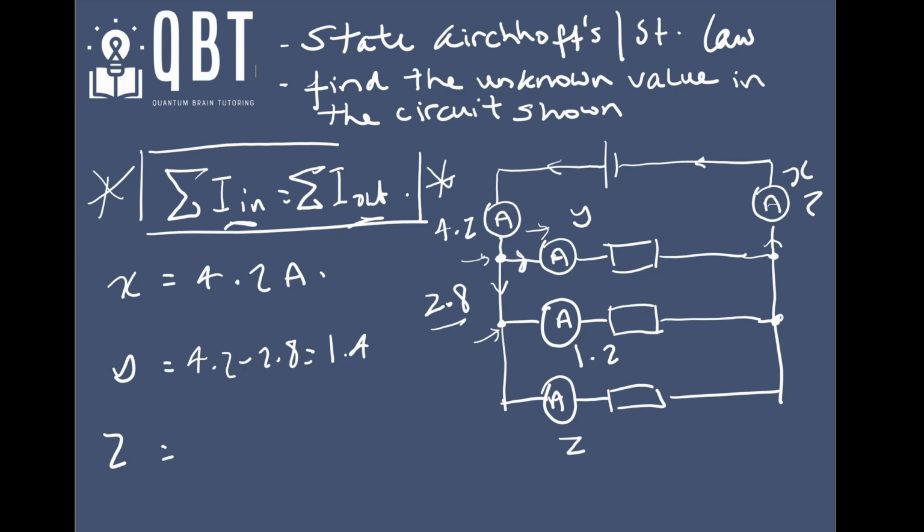Then this 2.8 amps continues down and splits again here and here. That 2.8 amps splits, and we have 1.2 amps here, and then an unknown value. So the difference is 2.8 minus 1.2, which is 1.6.